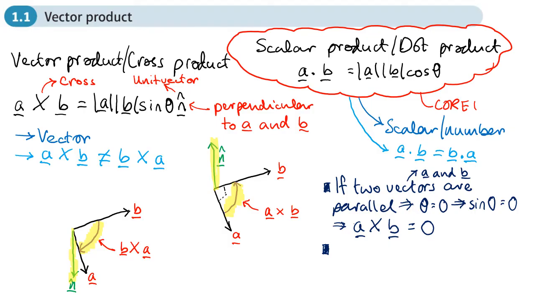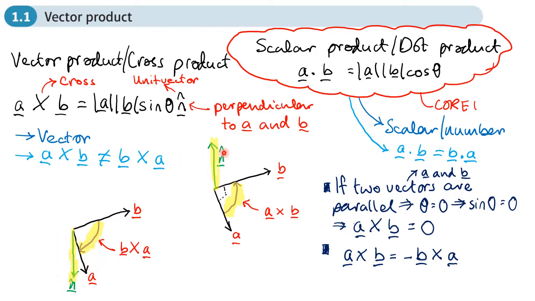because of the direction which this normal vector points, depending on whether we do A cross B or B cross A, what we can say is that A cross B is going to equal negative B cross A. The negative indicates this normal vector is pointing in the opposite direction.